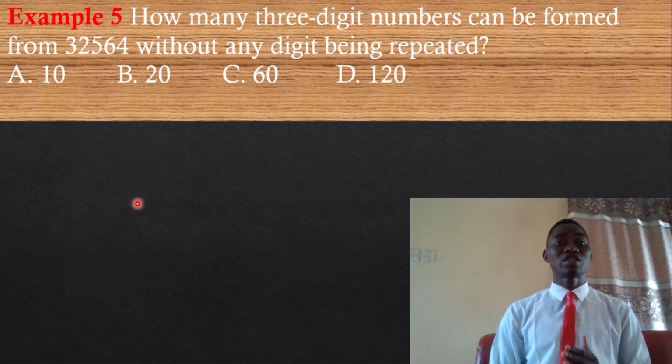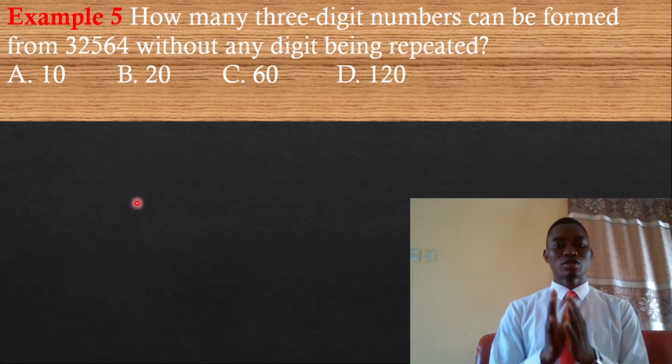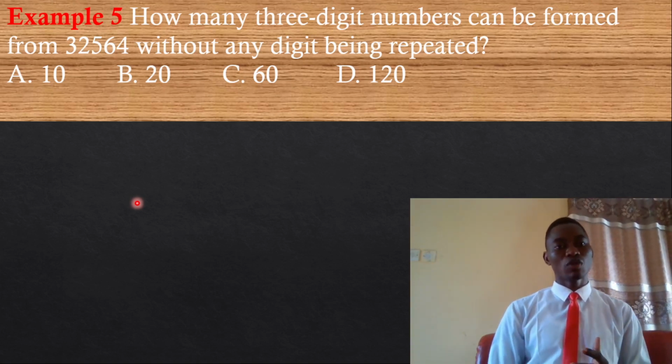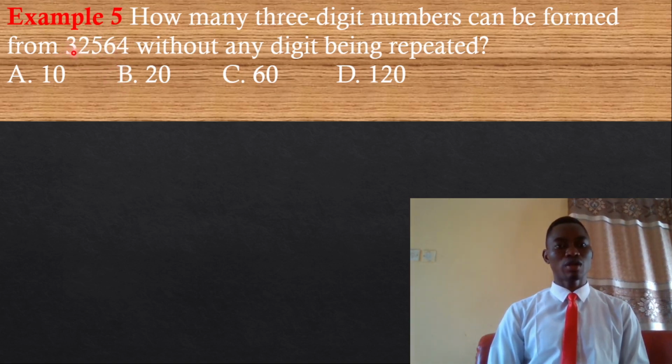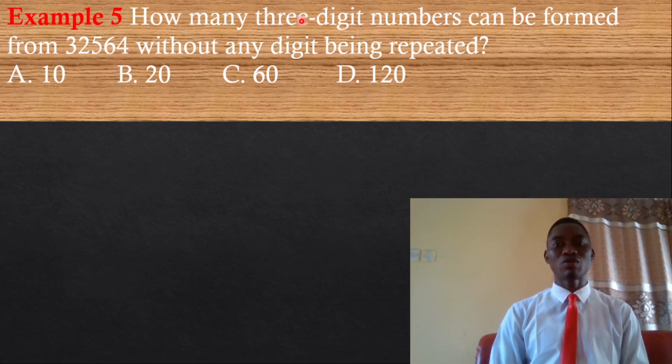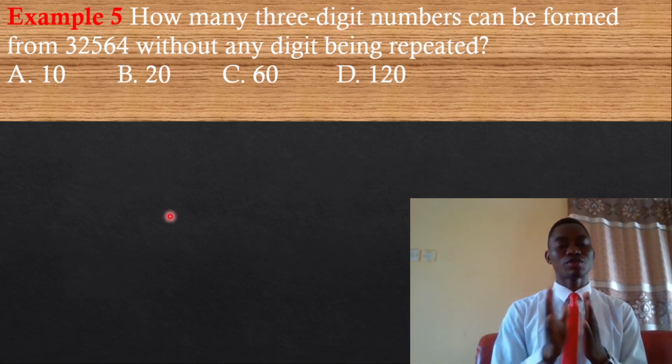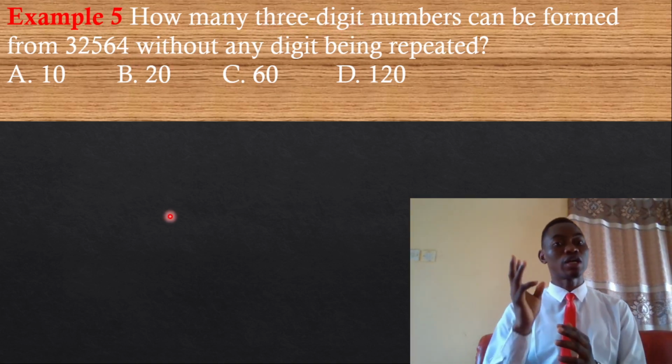This example 5 is similar to example 4. Here we have 1, 2, 3, 4, 5. Let me count again. 1, 2, 3, 4, 5. So we have 5 numbers, and we are going to arrange 3 digits without repetition. So this is 5 permutation 3.